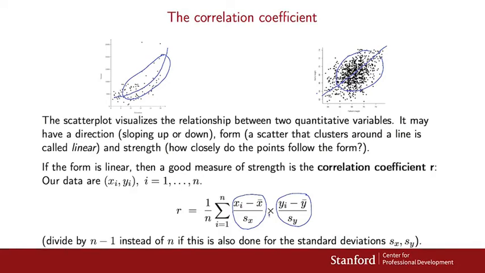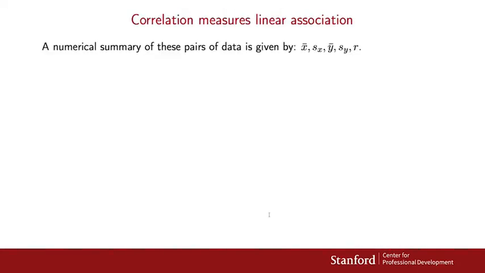So the idea of the correlation coefficient is that it should be positive if the scatter slopes upward, and negative if it slopes downward. So if we have pairs of data and we see that their scatter follows a linear form, then we can summarize these data by the average of the x's, the standard deviation of the x's, the average of the y's, the standard deviation of the y's, and finally the correlation coefficient r, which tells us something about the relationship between x and y.